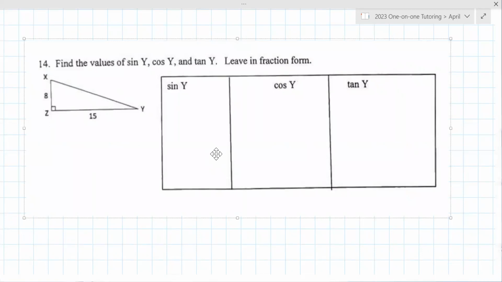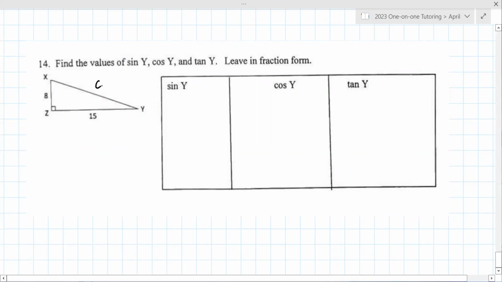All right. So first thing I'd like you to do is find C. This is like that earlier problem where you found T, then you found C or P, I guess.